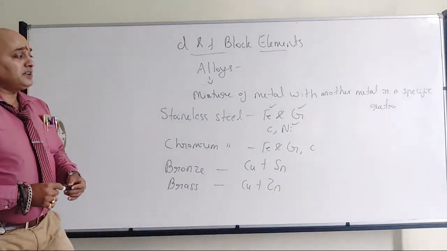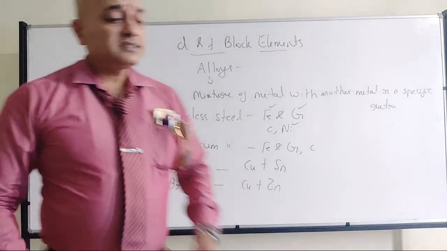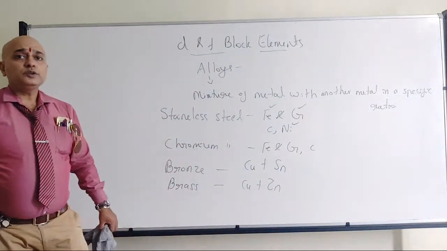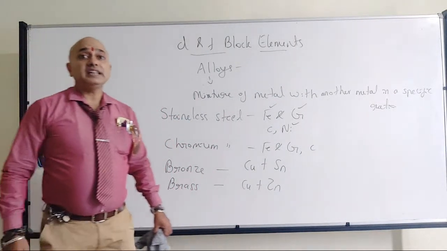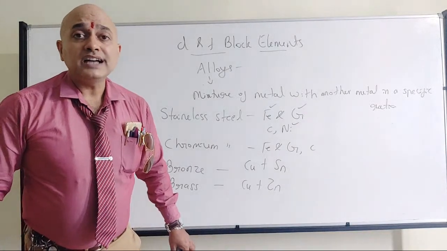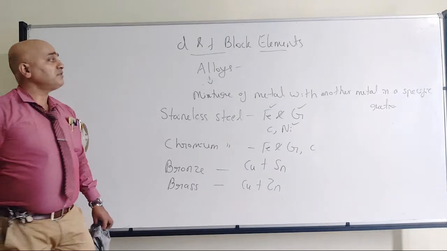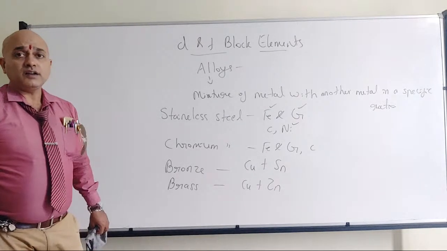So what I mean to tell here is, in case of alloys, the major proportion will be taken care of by two or more transition elements in combination. That's what we can see when it comes to alloys.